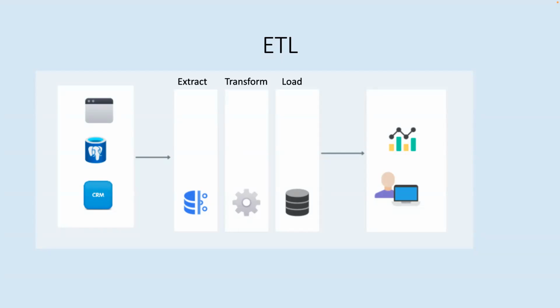Basically, you're transforming the data to make it efficient for these types of queries. That's where you do the transformation, and then you load the data into some storage, and that's where the data analyst can query from. So that's what they did.